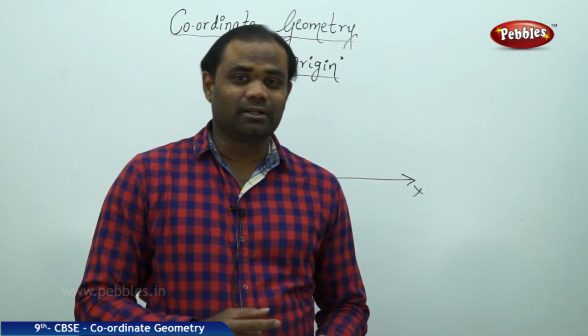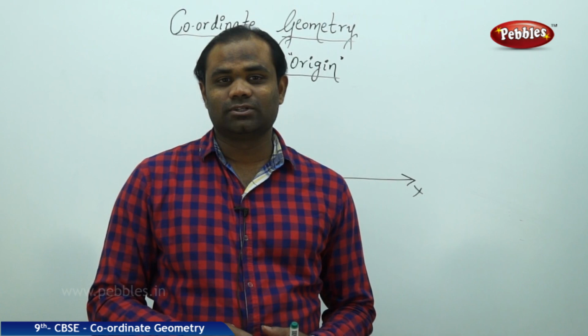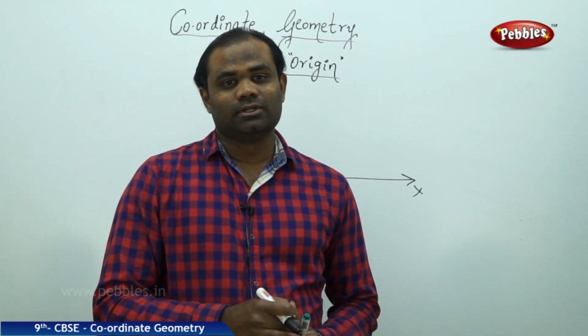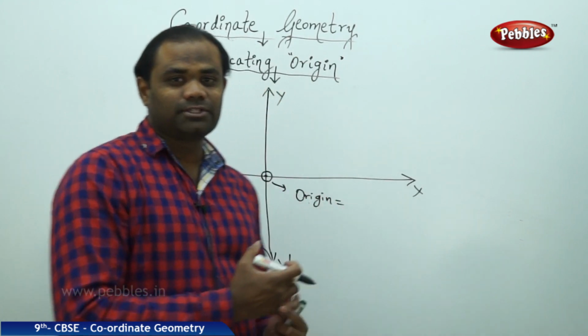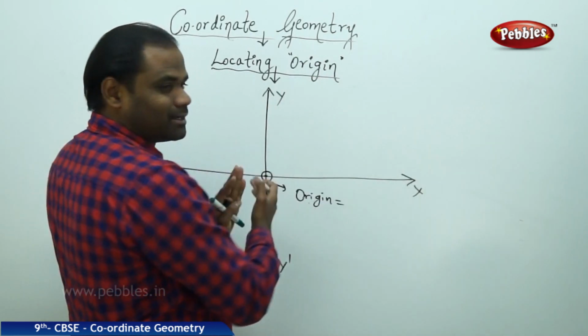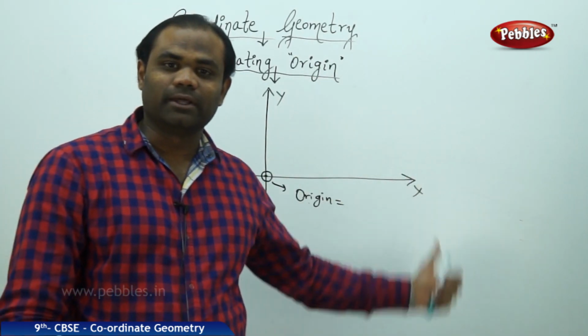So what is origin? Origin in the general English dictionary context refers to the source or the root cause. So here we define origin as the root cause of defining all the points in the plane.